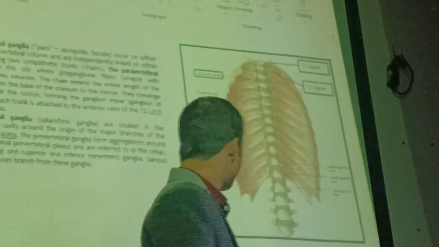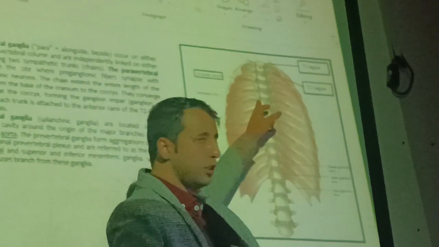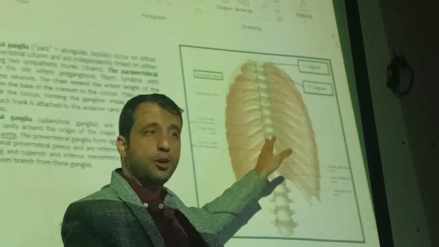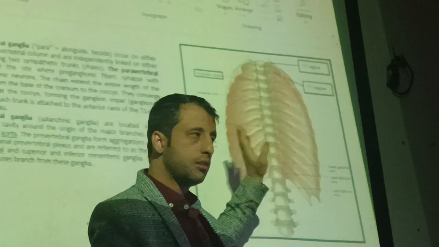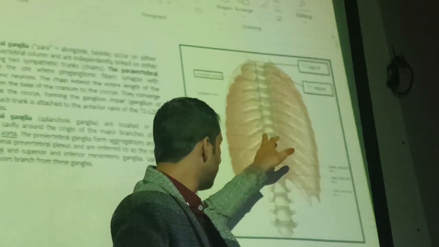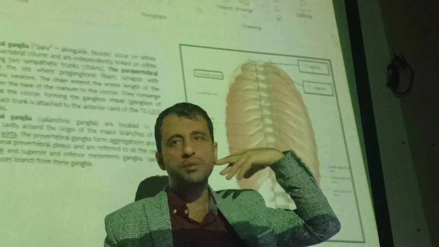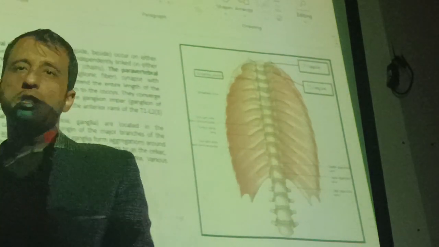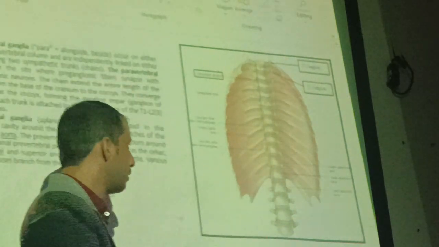See here, this is the sympathetic chain, which is located in the paravertebral area from C1 to coccyx, on all sides.